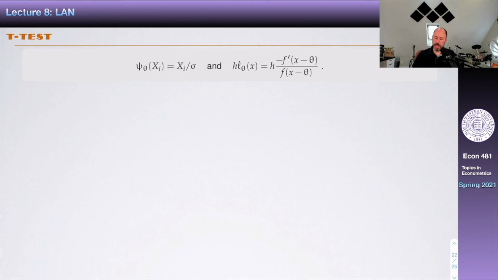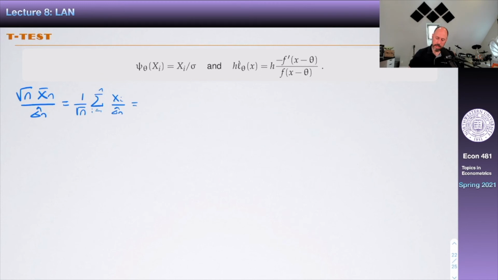It's always the easiest. Notice, the t-test here, we have square root n x bar n divided by sigma hat n. You can write this as 1 over square root n, the sum from 1 to n, xi divided by sigma hat n, right?